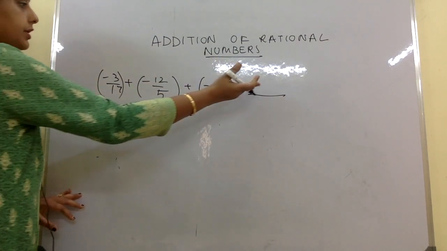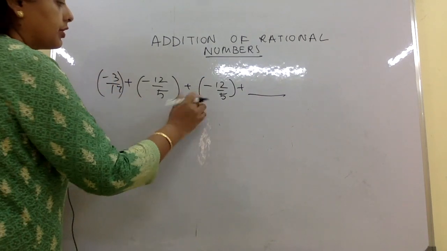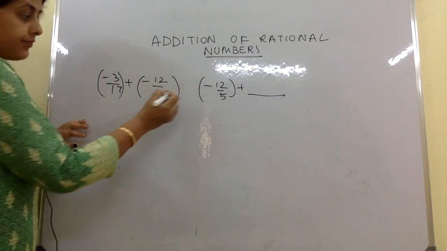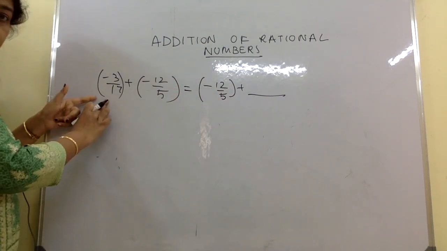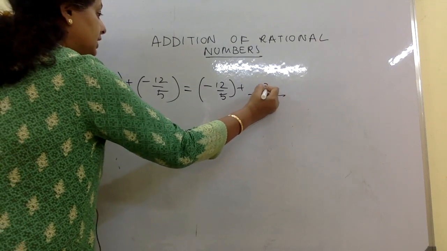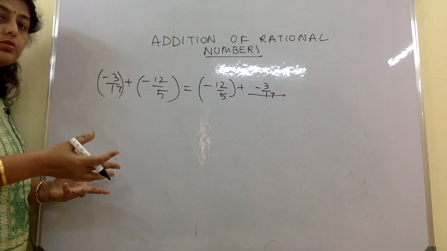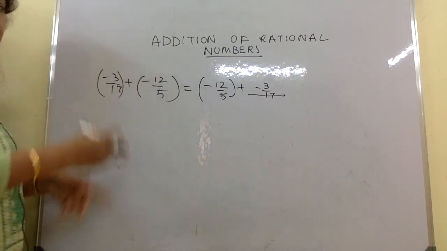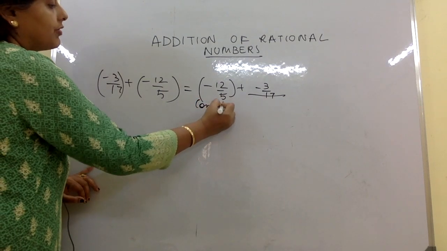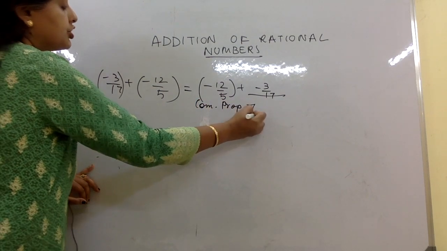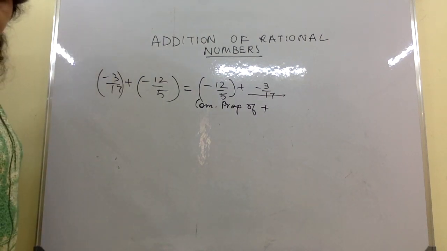We need a number here. So minus 3 by 17 plus a number is equal to minus 12 by 5 plus what? So straight away this number, isn't it? Minus 3 by 17. Which rule is it? They can ask you the rule also. This is the commutative property of addition of rational numbers.